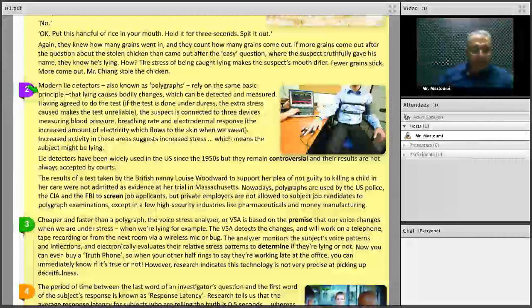Well, the suspect is connected to three devices. So the person who we think is guilty of the crime is attached to three devices, three gadgets.